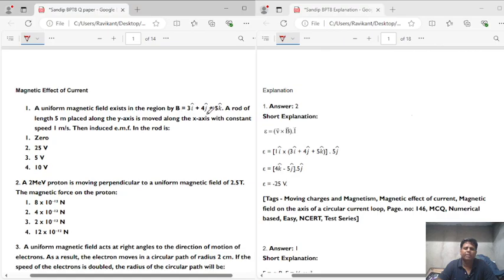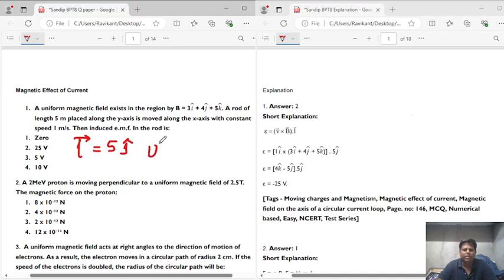So what they are saying is that a magnetic field is extended in a space, and the rod is being kept along the y-axis. So the L vector for our formula will be equal to 5j cap, right? And it is moving with a velocity of 1 meter per second along the x-axis.